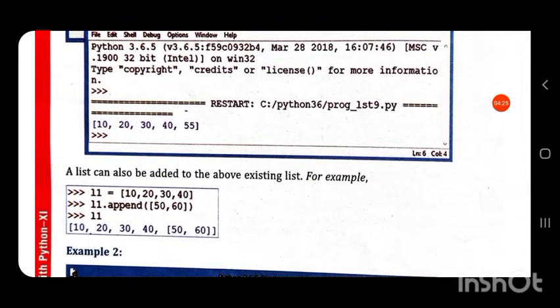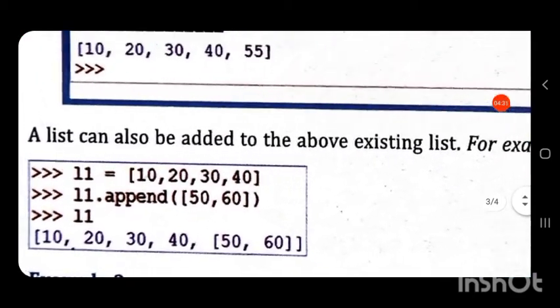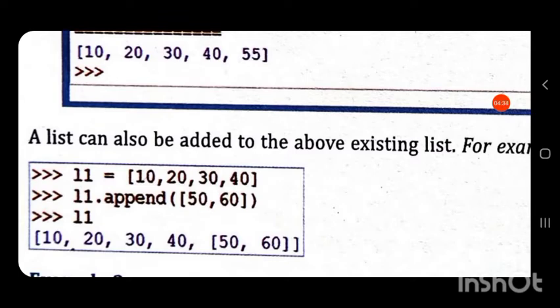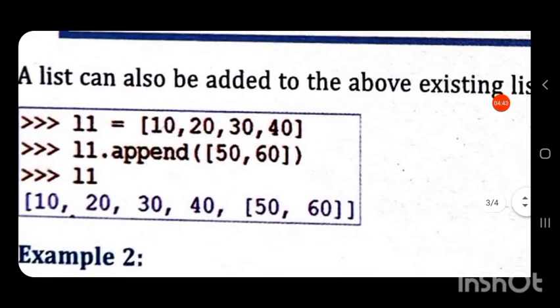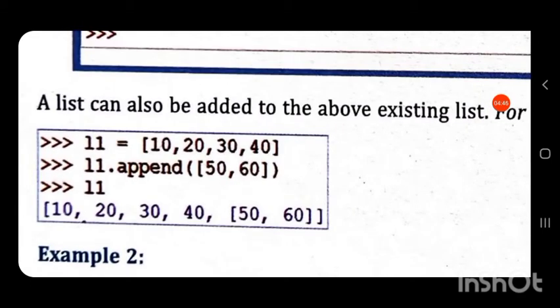A list can also be added to the existing list. In an append function, we can add a list also. Then the modified list will be a nested list. L1 is our old list containing values 10, 20, 30, 40, and we can add a list using the append function. For that we write L1, the name of the list, dot append, then as a parameter the item.